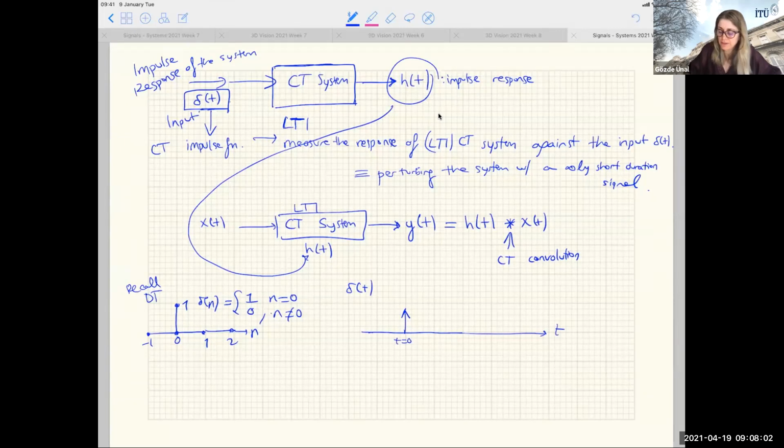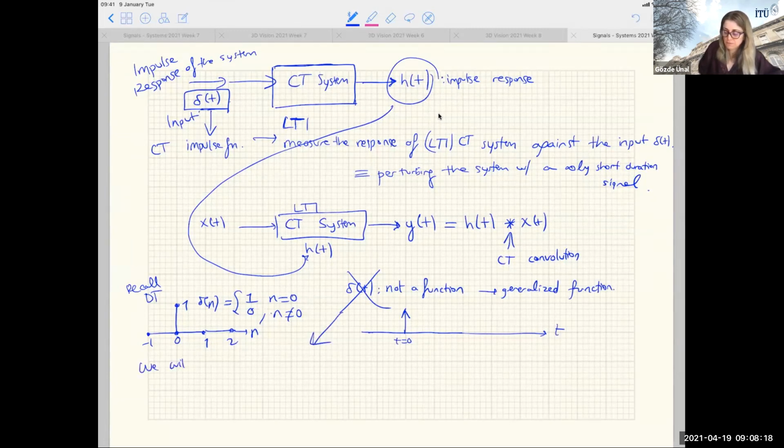So this is not a function. It cannot be a function in the definition of functions. It's a generalized function, and it is defined as a limit. So we will define it in the limit. In this way, instead I have actually a rectangle, right?